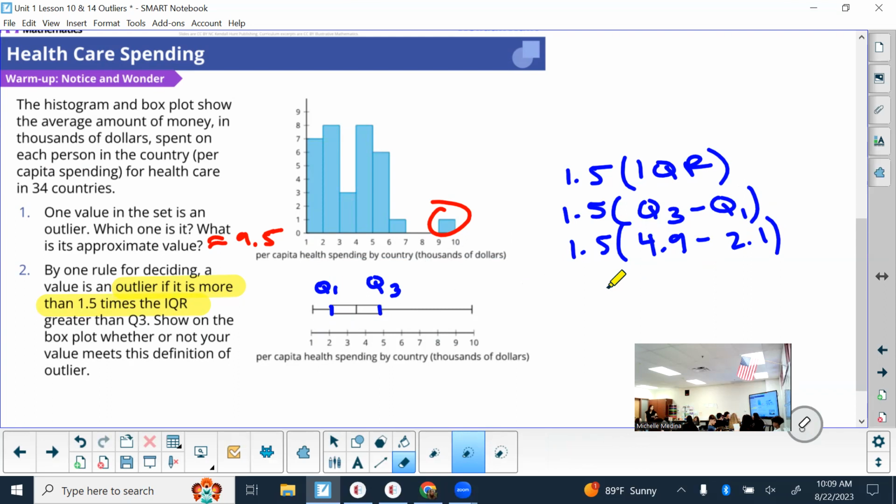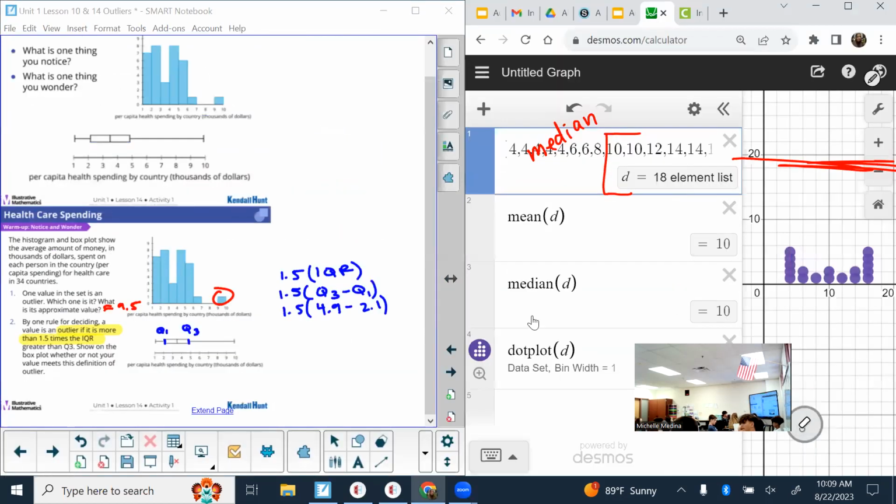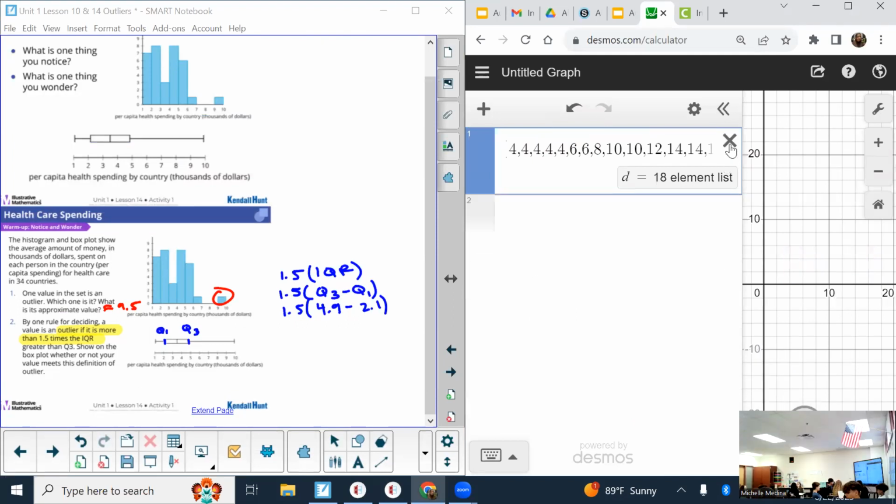1.5 parentheses 4.9 minus 2.1. If you break it up and do it at separate times, you just need to know your order of operations. So make sure you do the parentheses before multiplying.